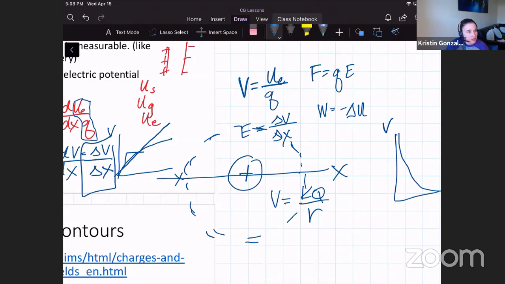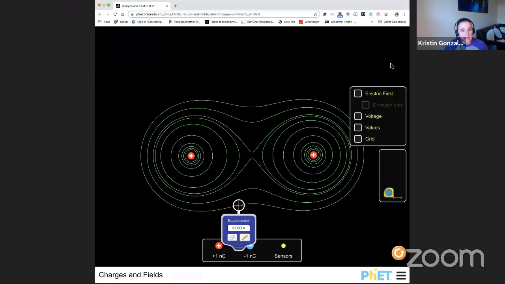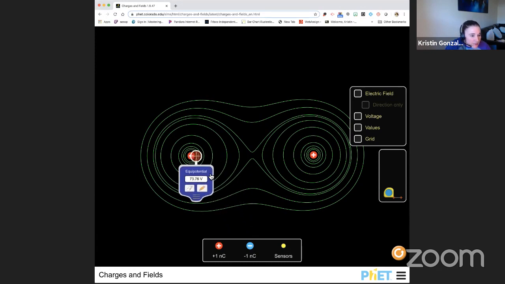I'm going to switch my shares here. And I have already plotted some equipotential lines here. So I've put two positive charges on here. And on the left side, on that left positive charge, if I show you my little potential meter, which we don't really have, but I kind of graphed it and plotted every 10 volts.